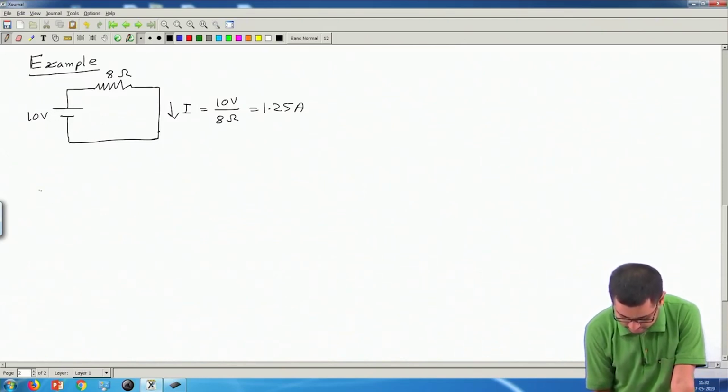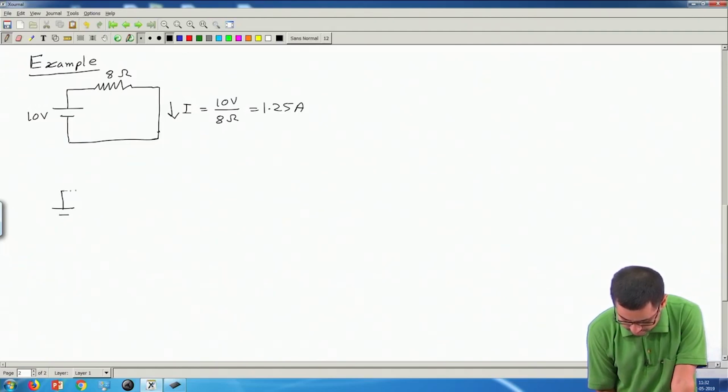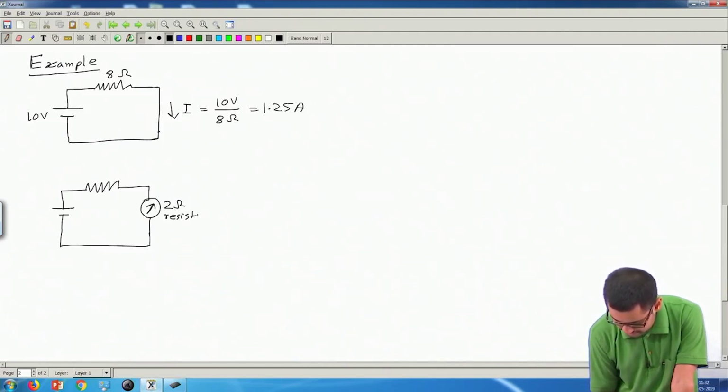Now, say I have an ammeter which has an internal resistance of 2 ohm, for example, and I want to measure this current. So, I am inserting the ammeter with 2 ohm resistance. This is 8 ohm, this is 10 volt.